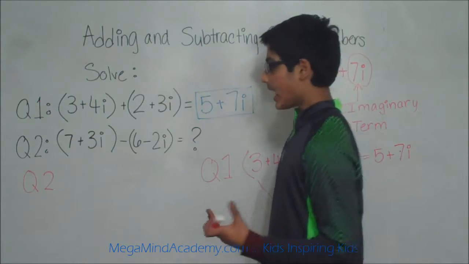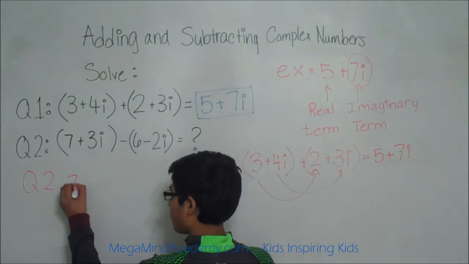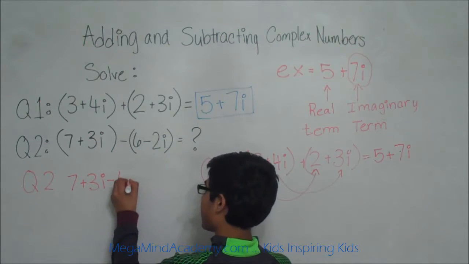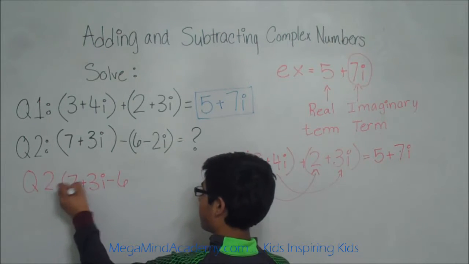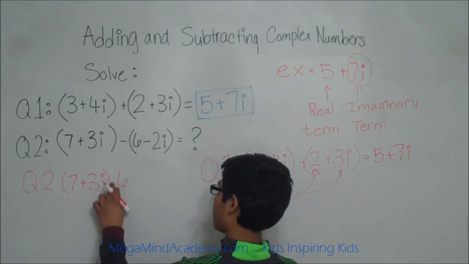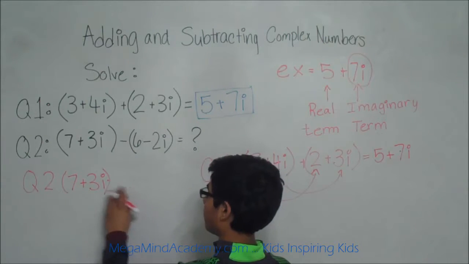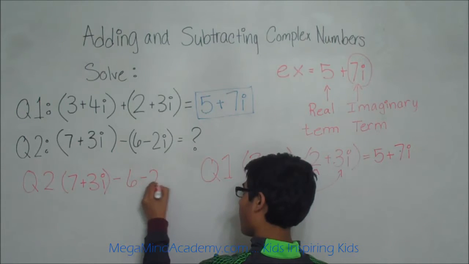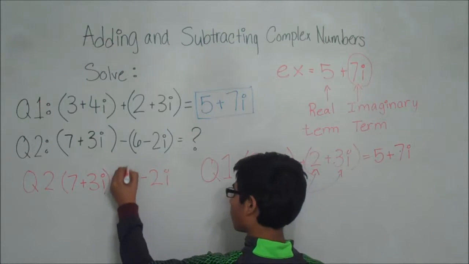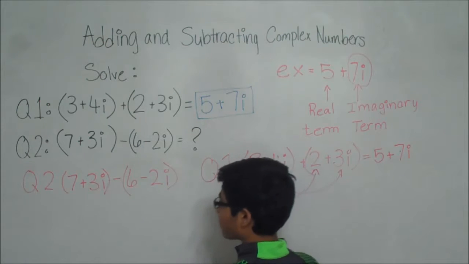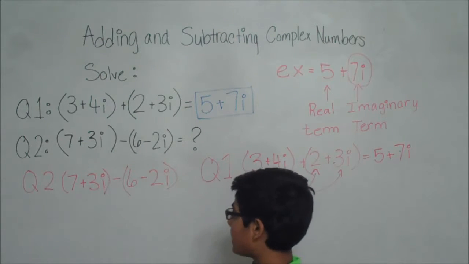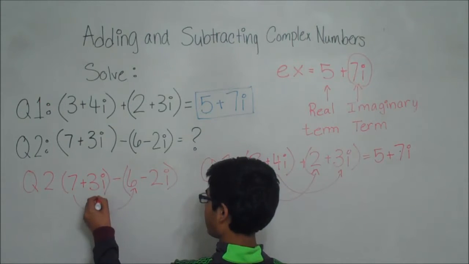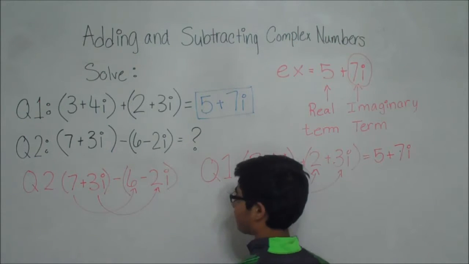So we have 7 + 3i minus 6 minus 2i. So we subtract the like terms, so 7 and 6, and 3i and negative 2i.